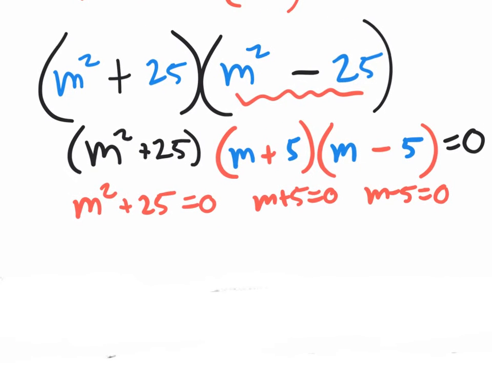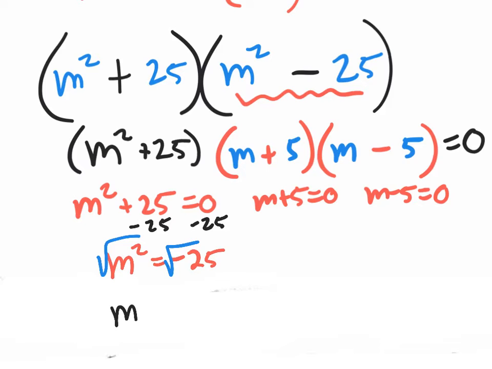I'm running out of space here, but minus 25 on both, you will have m squared equals negative 25. And we get rid of a square by square rooting. And what we do to one side, we must do to the other. But remember, whenever you apply a square root, you must put a plus or minus in front of your answer. The square root of negative 25 will be 5 with an i. The negative sign will come out as an i, and the square root of 25 is 5. i times 5 is 5i.